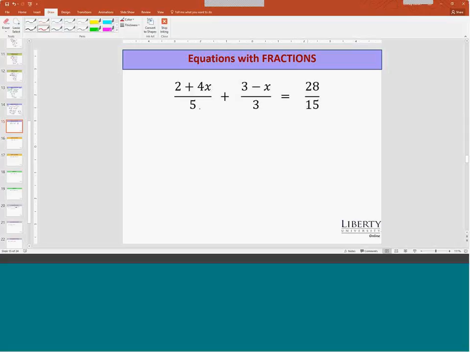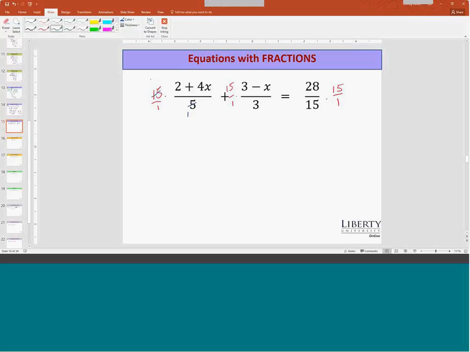The least common multiple is going to be 15. So I'm going to multiply every term on the left by 15. And then the entire right side, which is only one term, gets multiplied by 15.